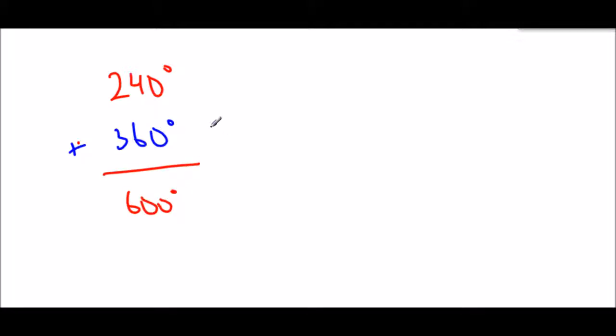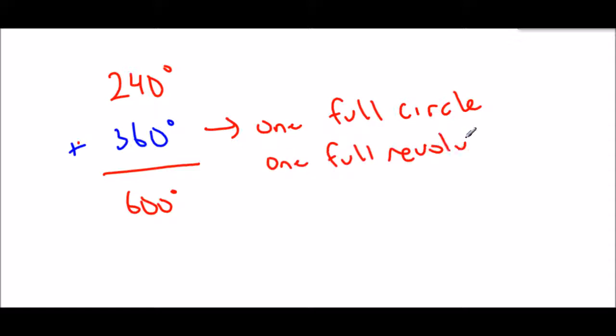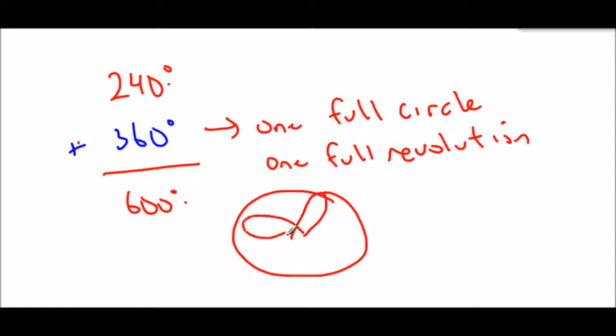We know that 240 degrees is exactly 360 degrees from 600. And 360 degrees is one full circle, or to use a little better vocabulary, one full revolution between 240 and 600. So if we think about a circle, and if you want, think about the propeller in this circle, the point that I put maybe here, if I rotate it by 360 degrees, I'm back to where I started from.